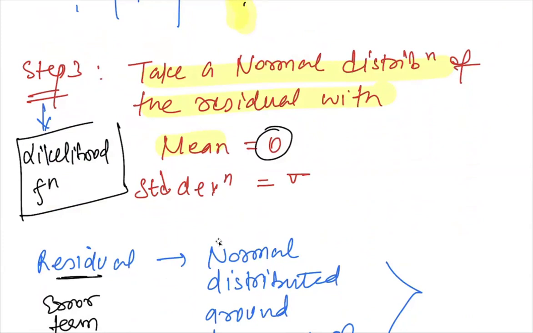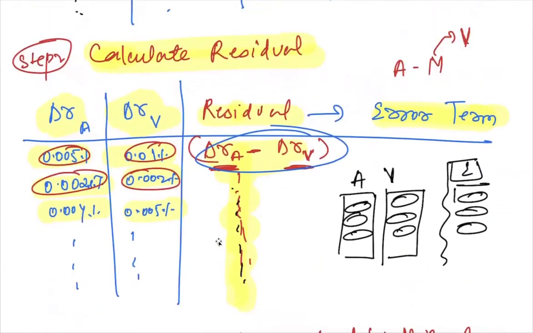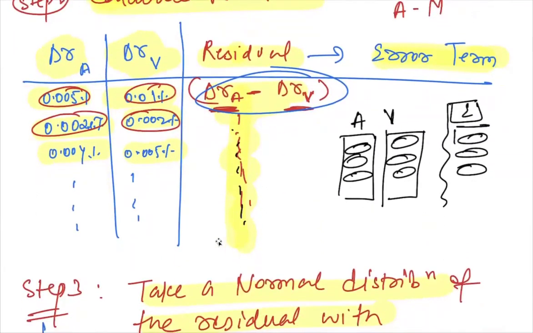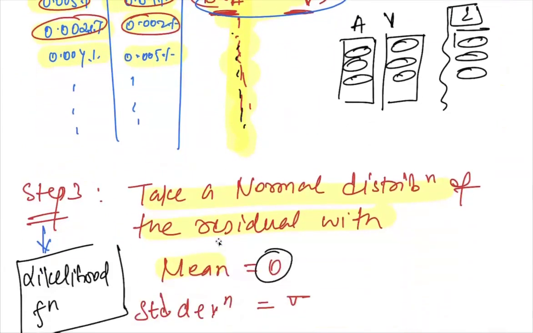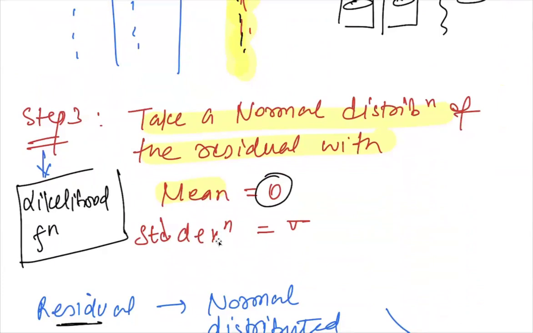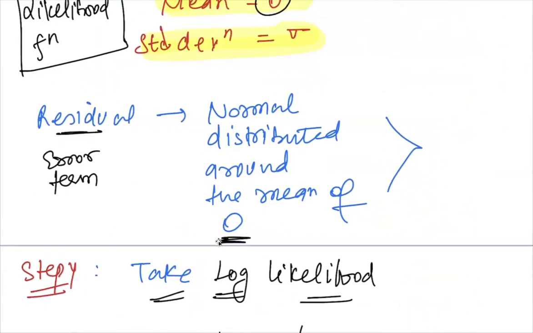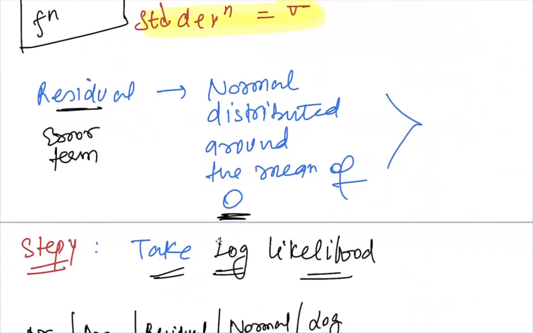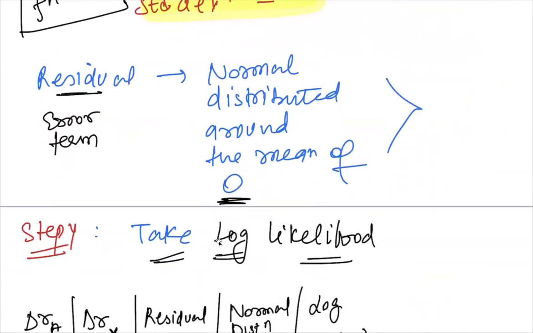We are saying that there should be no difference between the actual interest rates and the interest rates coming through the Vasicek model. So that's why we make this error normally distributed with a mean of 0 and a standard deviation of sigma, normalizing the error around the mean of 0.